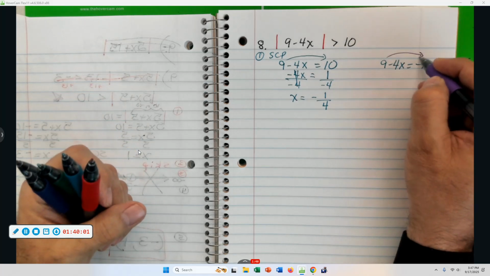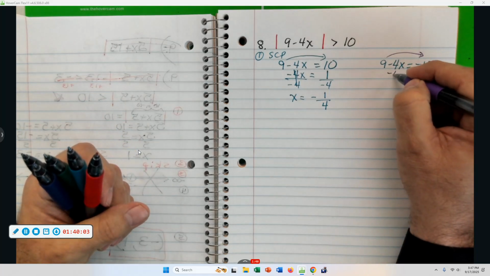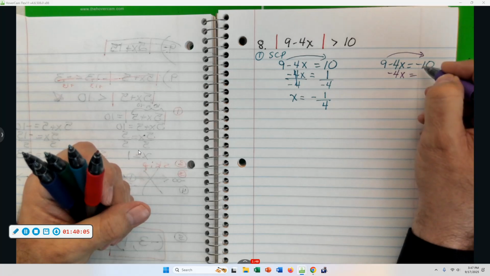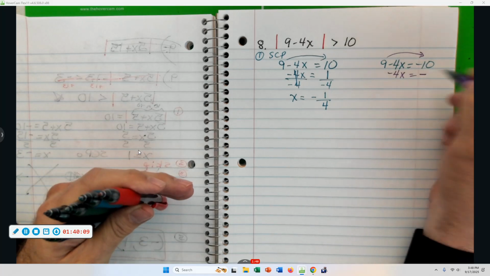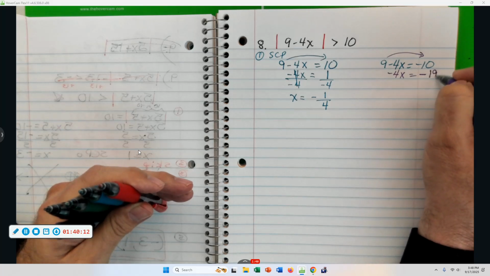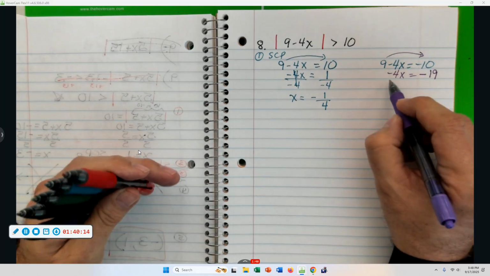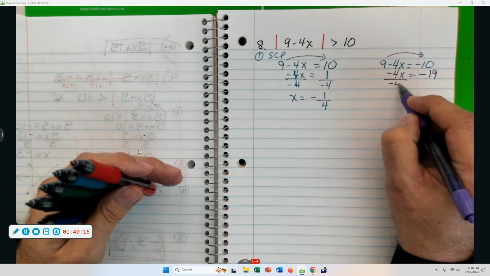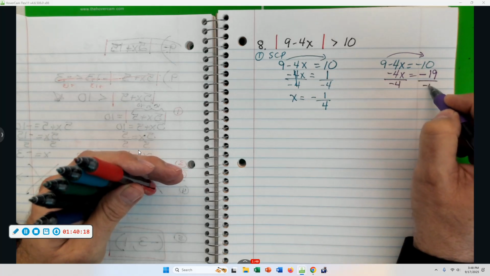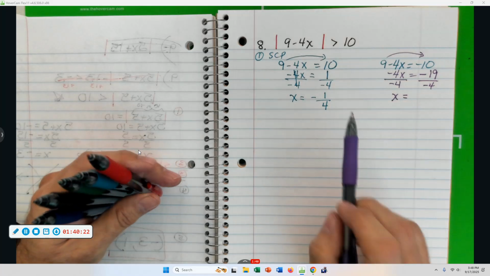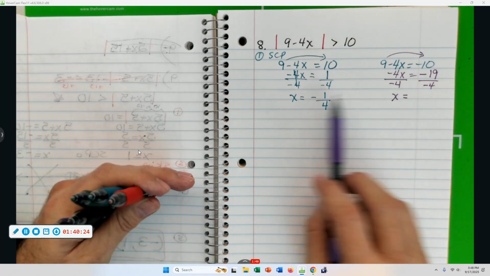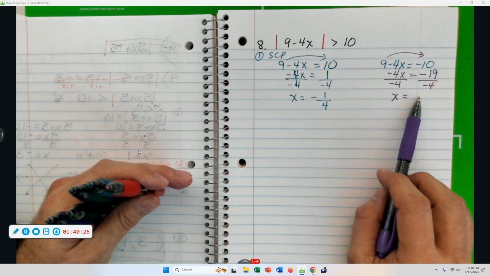I'll subtract that 9, but be careful. Negative 10 minus 9, that's a negative 19. Then what do I do? Divide both sides by negative 4, but at least if we're going to have two fractions, one of them's negative, what's the other one going to be?